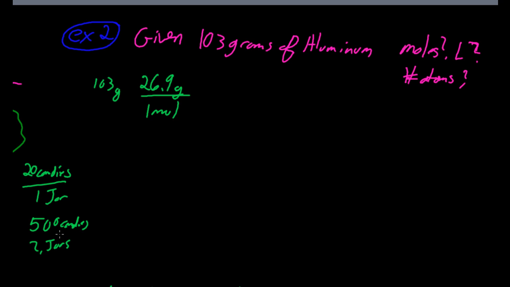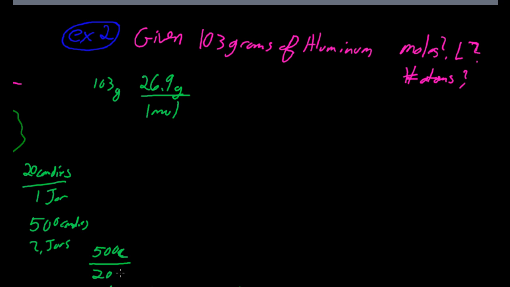Well, this time we can't just multiply these two numbers together, the 500 and the 20, because that'll give us a really large number, and we don't need that many jars because each jar will hold 20. So this time we have 500 candies, and each jar will hold 20 candies.